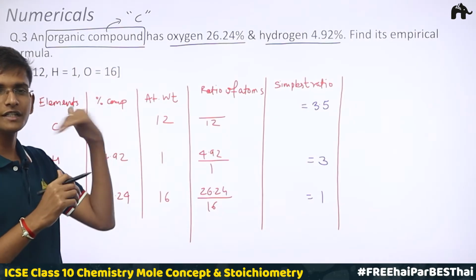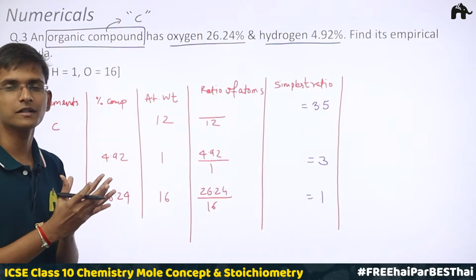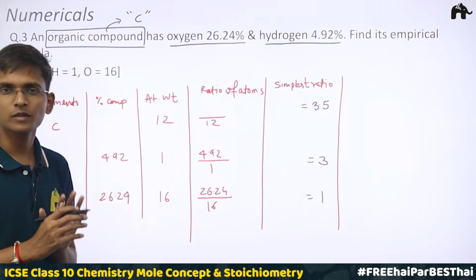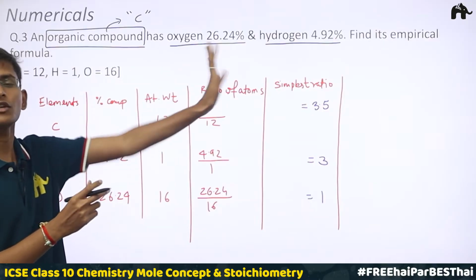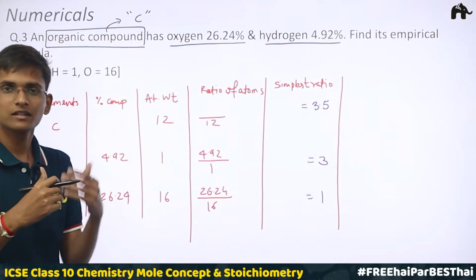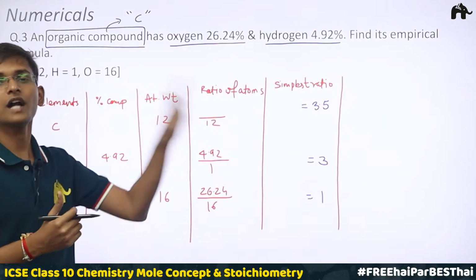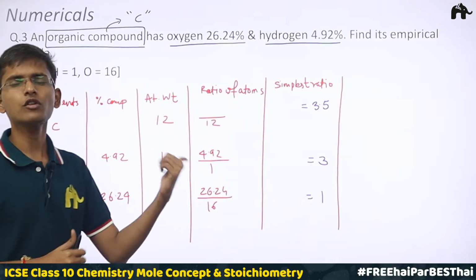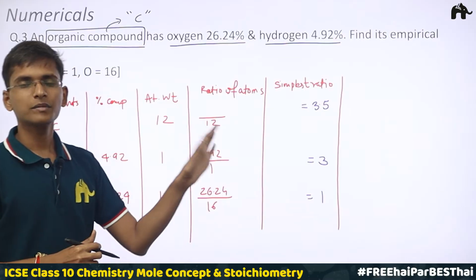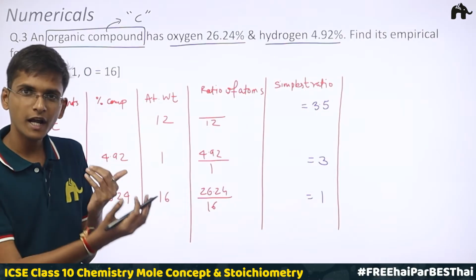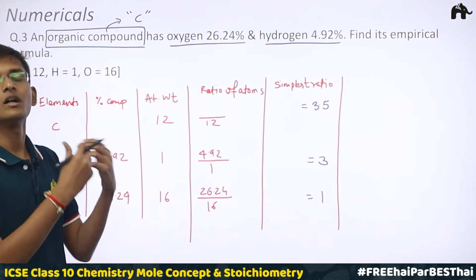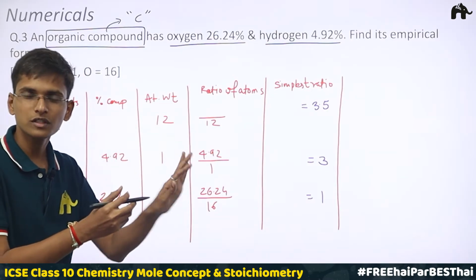See, when we studied the percentage composition concept, at that time I took the example of sodium carbonate. If you go back and add the percentage by weights of sodium, carbon and oxygen, you would definitely get that its sum is 100%. We have also solved one question to find the percentage of carbon, hydrogen and oxygen in a given sample. There also, if you add the percentage by weights of carbon, hydrogen and oxygen, you would get 100%.